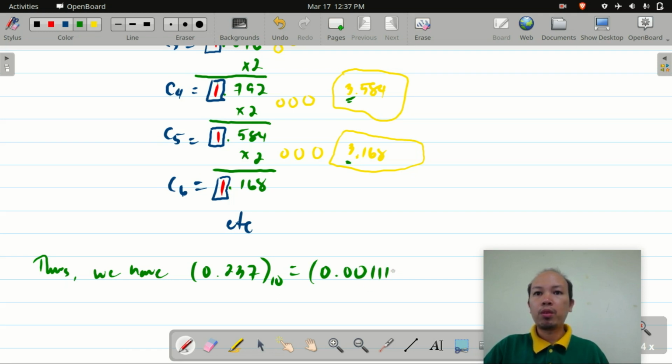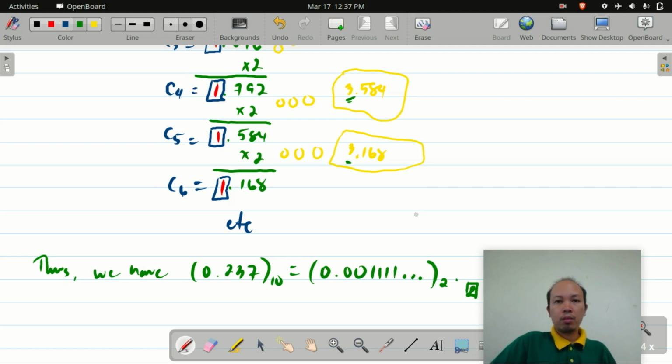How many ones? Okay, you have the dot in base 2. Okay, so this is the answer.